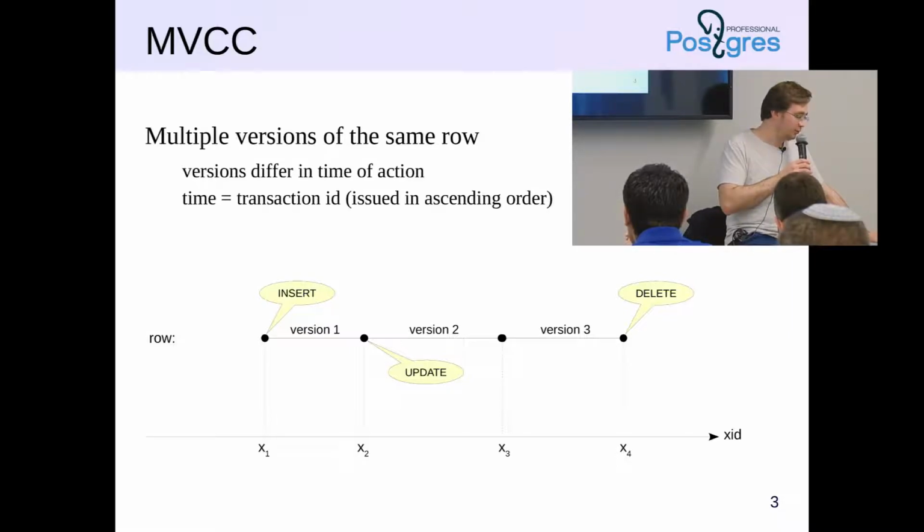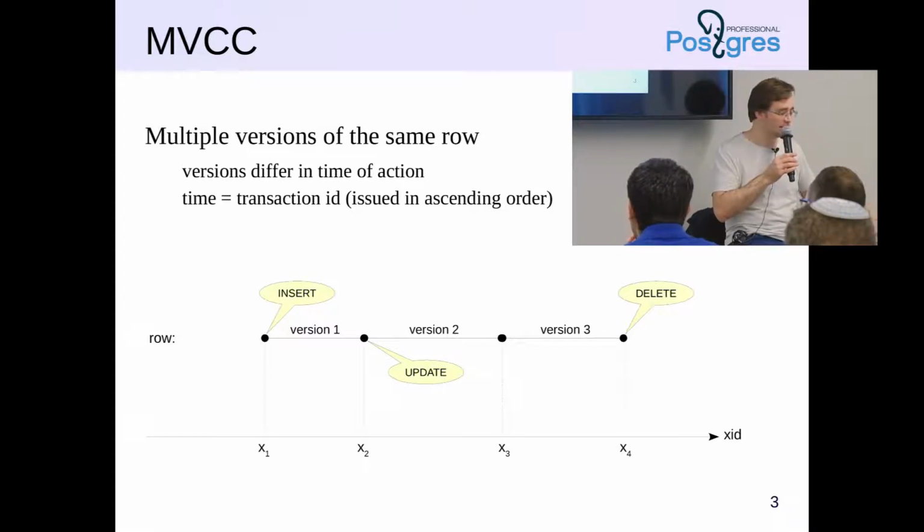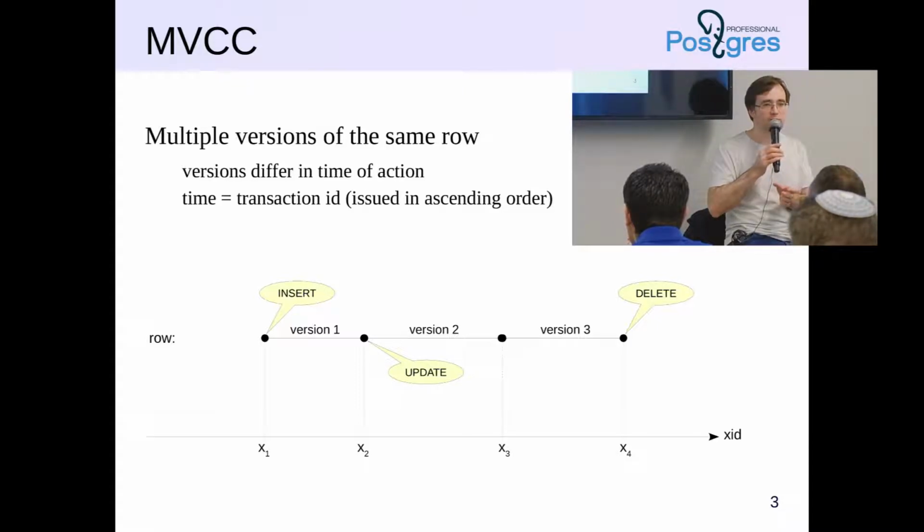For example, we have one row. When you insert this row, it creates the first version of this row. When you change data by an update statement, you create another version of the same data. Then you can update it again, and so on. And at the end of the life cycle, you delete this row, and it exists no more.